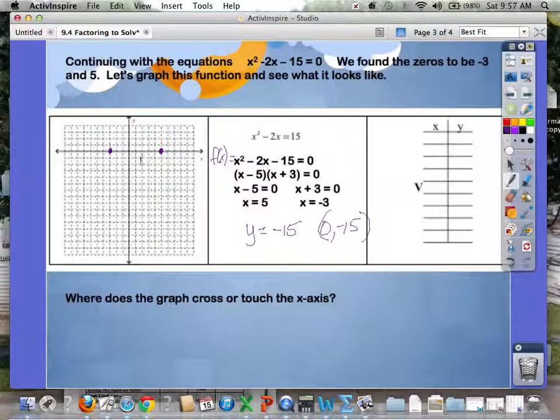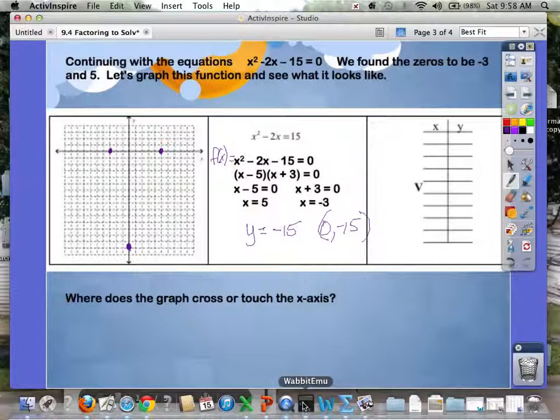You can always put that dot on here. That's going to be 1, 2, 3, 4, 5, 6, 7, 8, 9, 10, 11, 12, 13, 14, 15 right here, hopefully, if I counted correctly. We can also plug in different numbers and find the other parts.